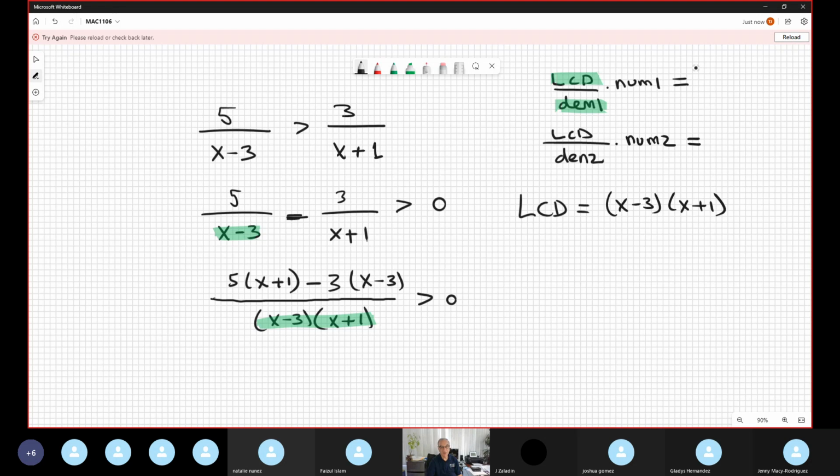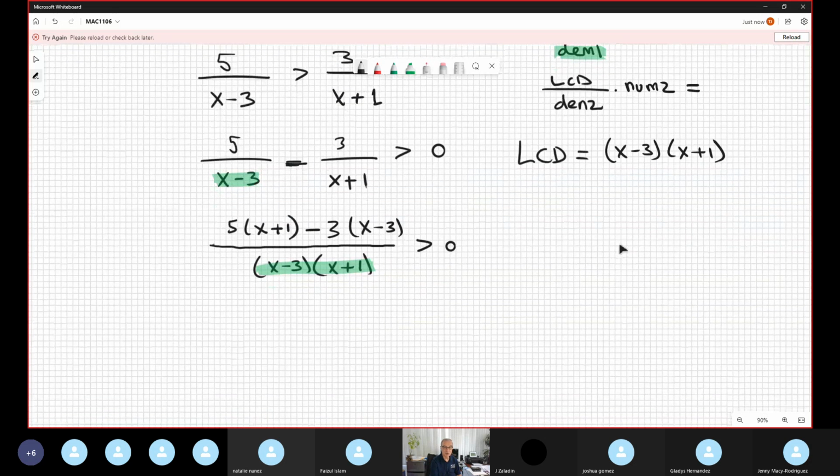And don't forget the right-hand side, because we are solving. Actually, we are manipulating an expression. However, this expression is part of the inequality. An inequality or equation always contains an equal sign or a greater than sign or less than sign.